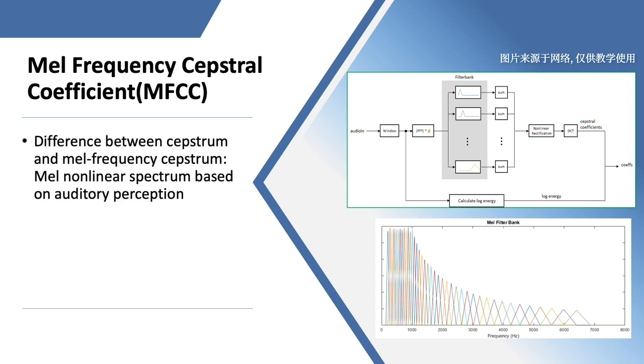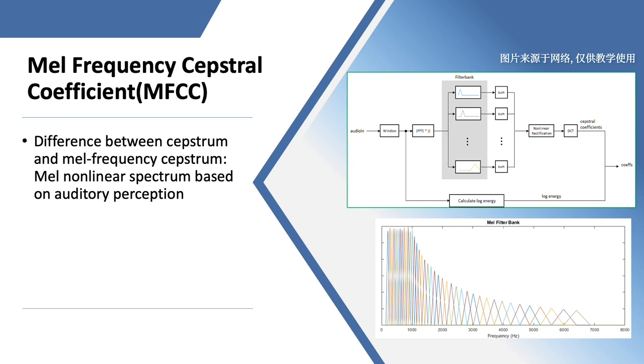The difference between the cepstrum and the mel frequency cepstrum is that in the MFC, the frequency bands are equally spaced on the mel scale, which approximates the human auditory system response more closely than the linearly spaced frequency bands used in the normal cepstrum.